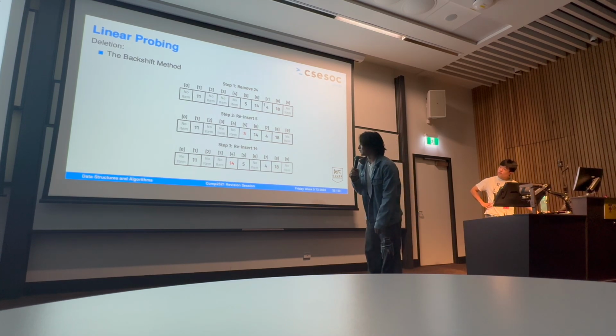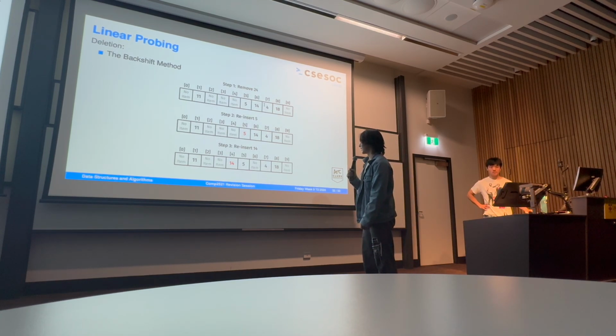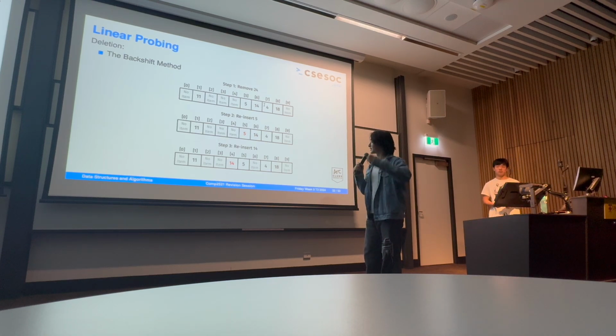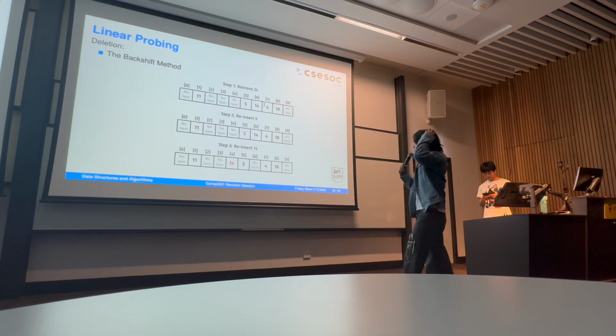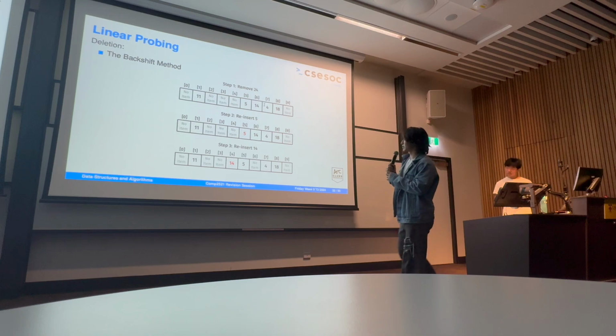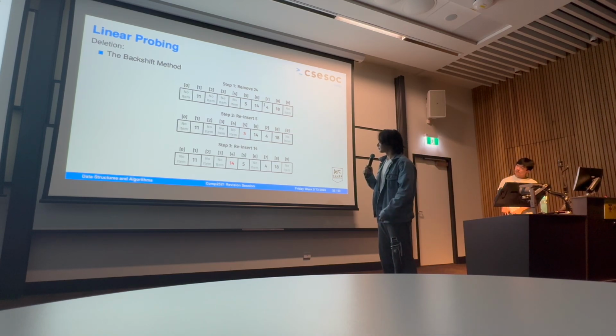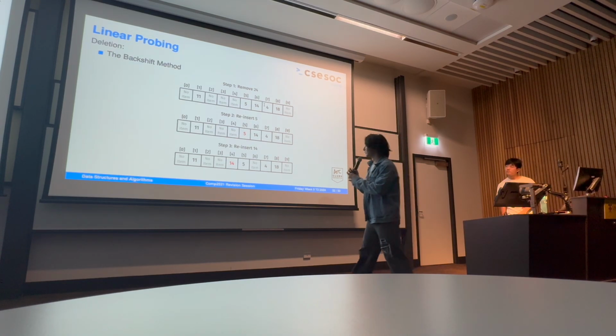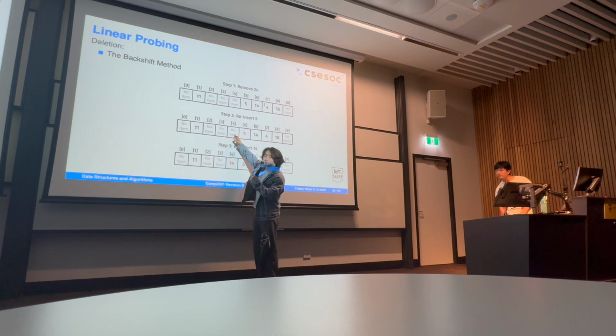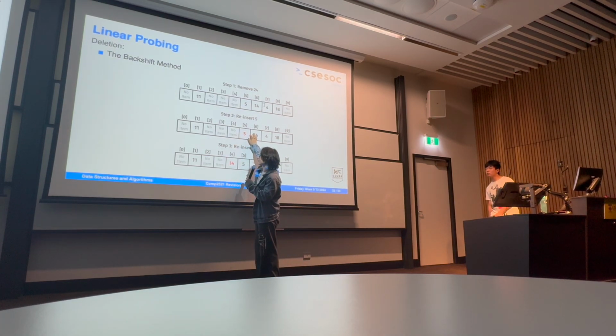The next method is the batch method, and it's pretty intuitive as well. Imagine we remove 24. Now we reinsert 5, we reinsert 14, and we reinsert everything else along the list. This empty slot exists because of 24, but if we reinsert 5 here, that's fine.